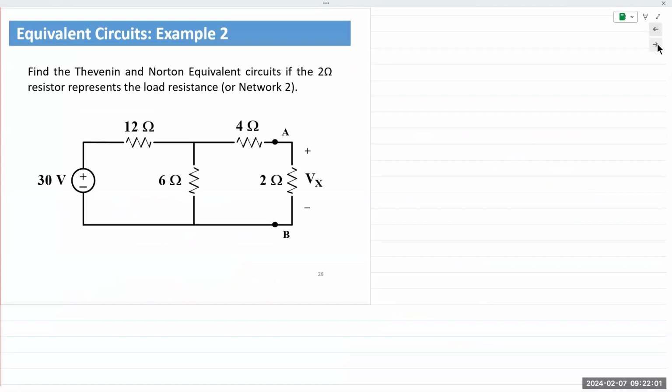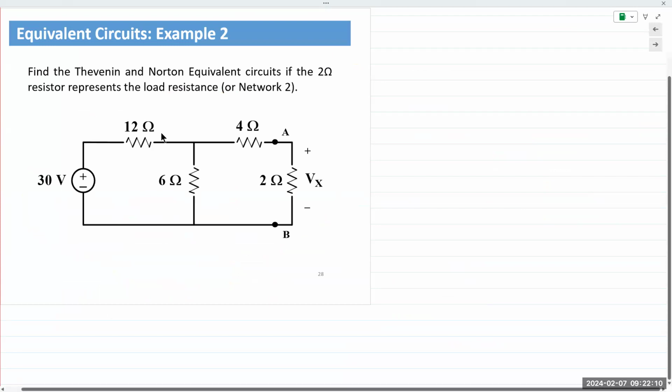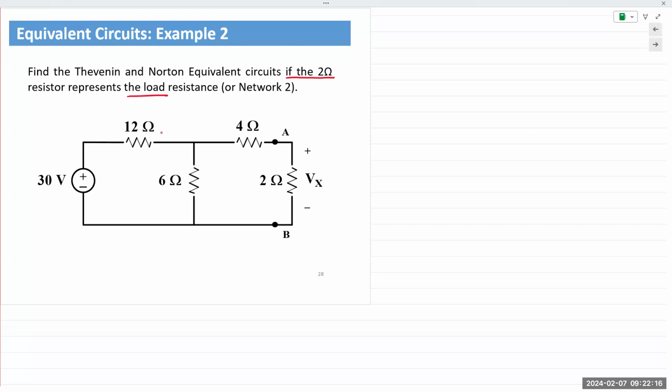Our task is to find the Thevenin and Norton equivalent circuits for this circuit if, and this is very important, if the 2 ohm resistor is the load. In the previous example, the terminals of analysis were already given to us.